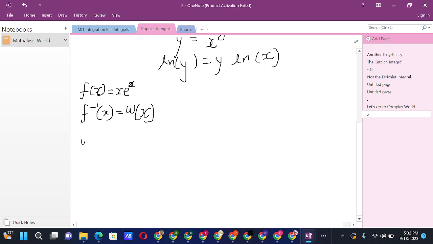I need to write that Lambert W of f of x is x, and f of Lambert W is also x, from the definition.